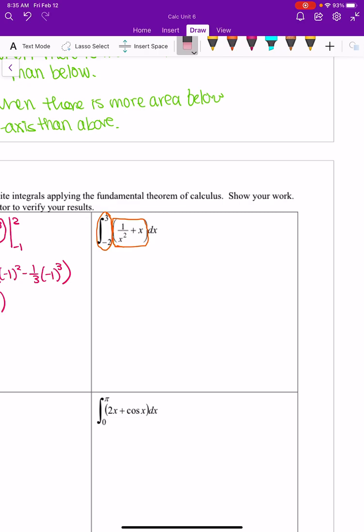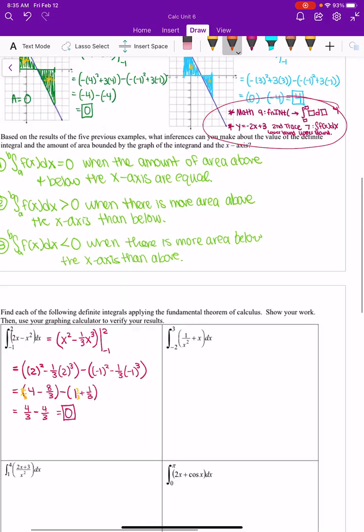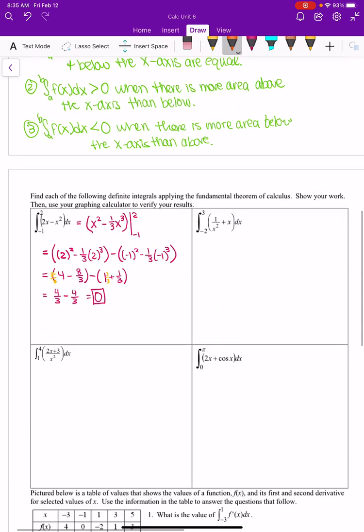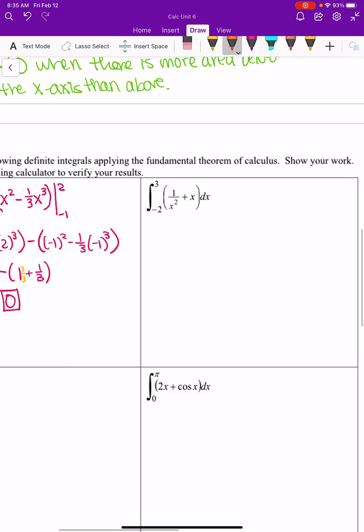All right, so maybe you came up with it, maybe you didn't, but the issue that this one has is that it's not continuous on the interval -2 to 3. Our fundamental theorem of calculus says that in order to apply it, f of x has to be continuous. Well, this function is not continuous at 0 because that would create an asymptote.